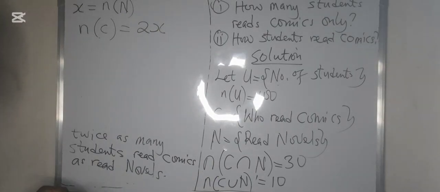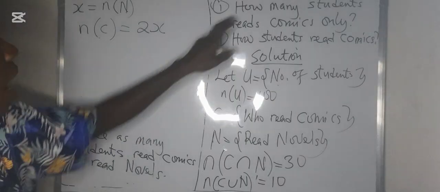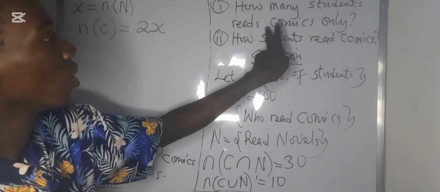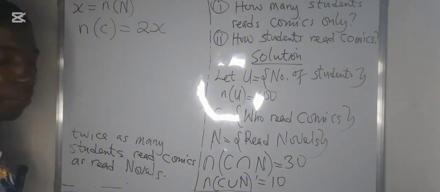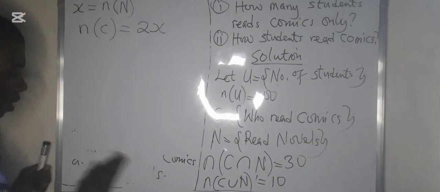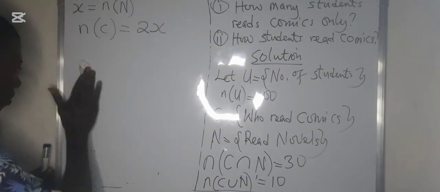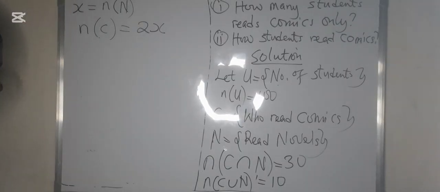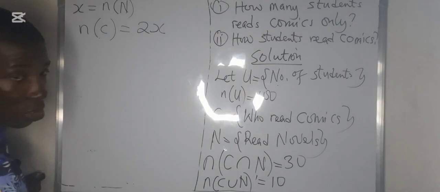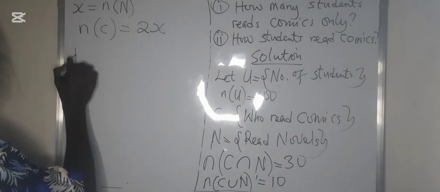Now the question asks us how many students read comics only. Let's try and figure out a Venn diagram. We illustrate a Venn diagram. This is data collection, a Venn diagram.